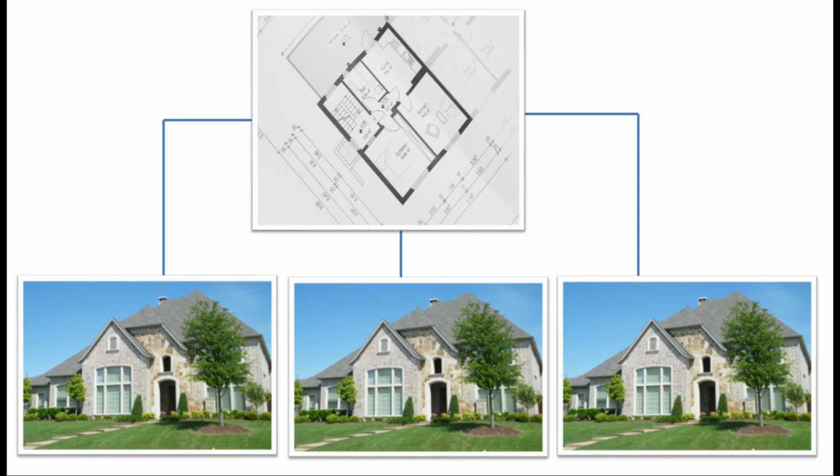You can construct any number of houses, and each house will definitely have 3 bedrooms and a similar kind of design. Coming to Java programming, when there exists a class, you can create any number of objects for a particular class. It's obvious that you cannot construct a house or a building without a plan, without a design. In the same way, you cannot create an object without a class.